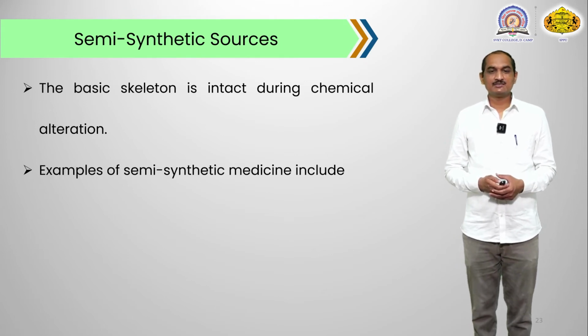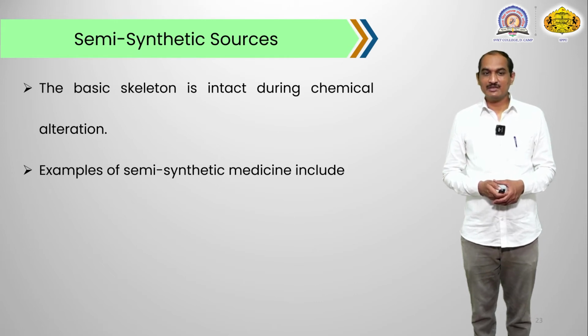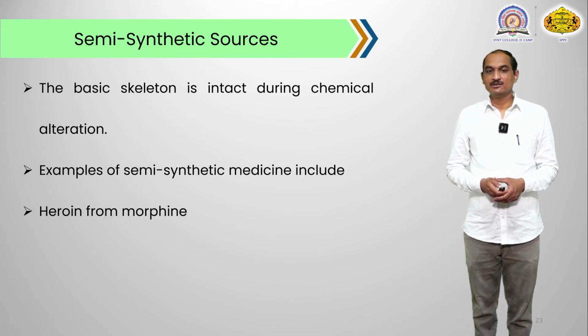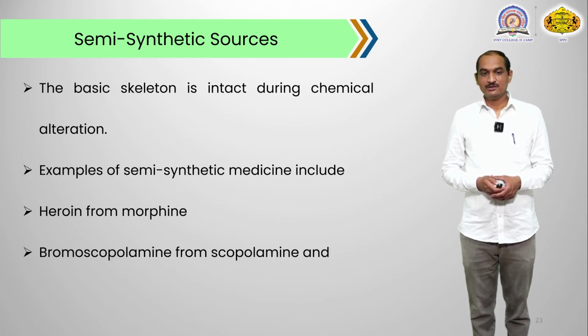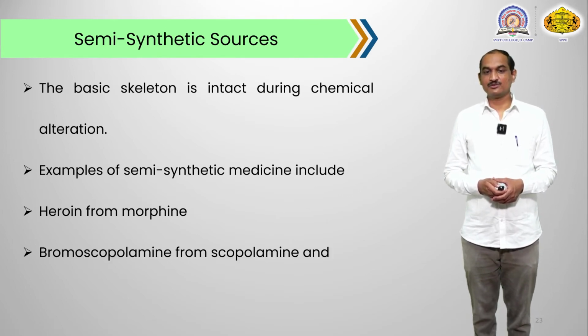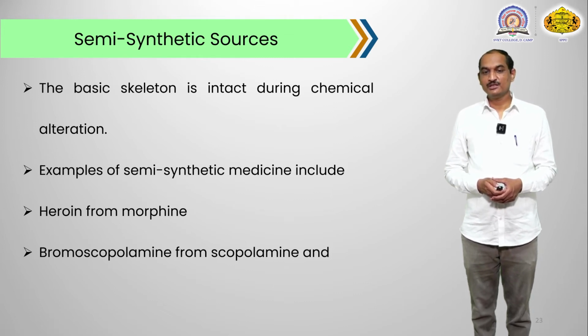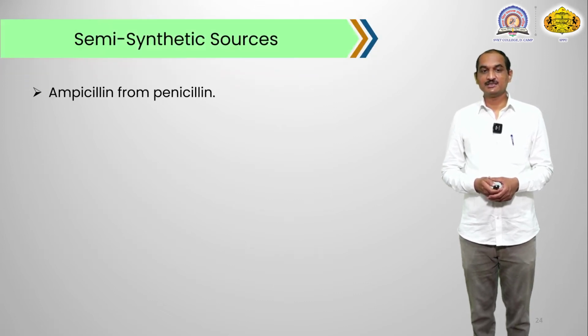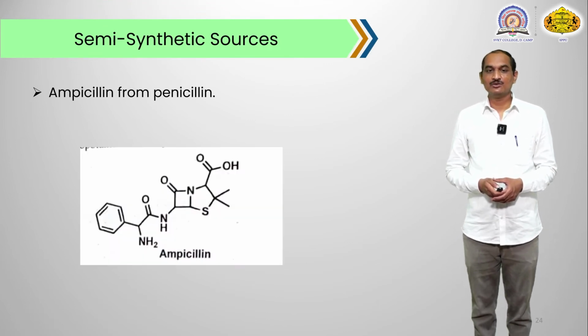In the semisynthetic sources, we consider different examples like heroin from morphine, then bromoscopolamine from scopolamine, and ampicillin from penicillin. This is a well-famous drug.